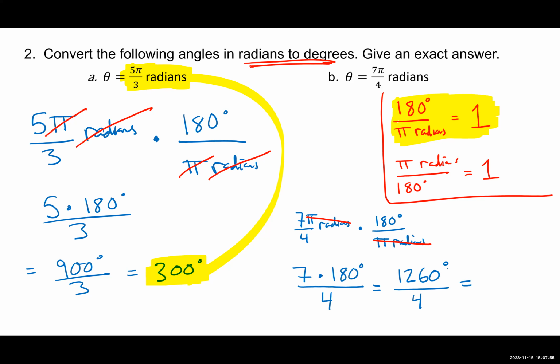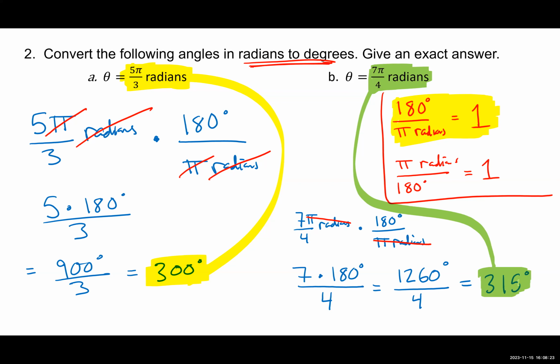And when we divide by 4, we get 315 degrees. 7 pi over 4 radians is equal to 315 degrees.